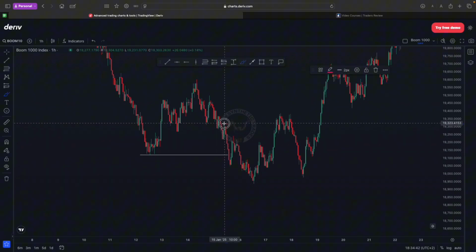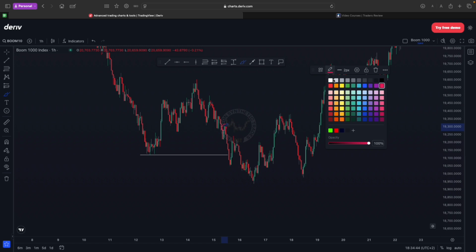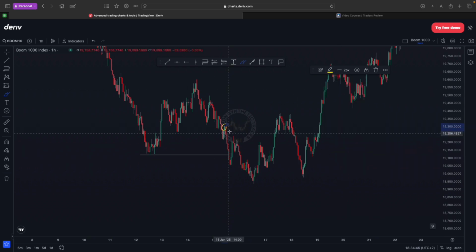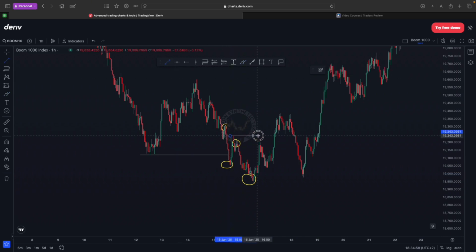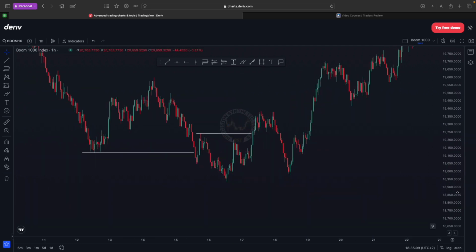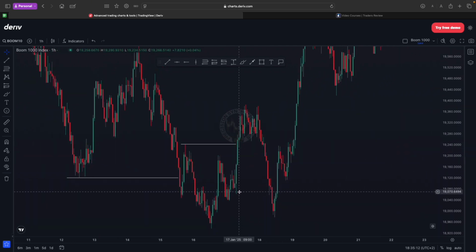That high took out this low. So we had a high, low, high, low. So this was the most recent high. So as the rules, we had a market structure shift.